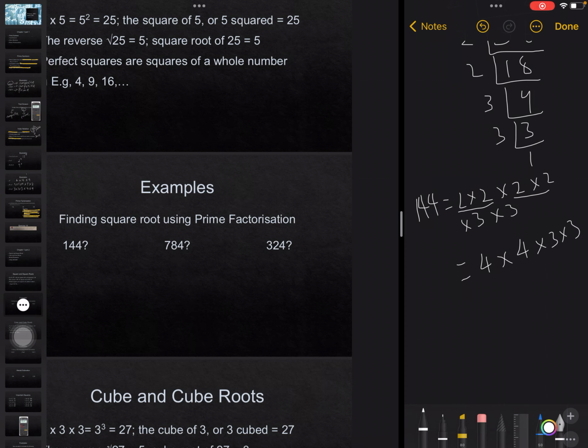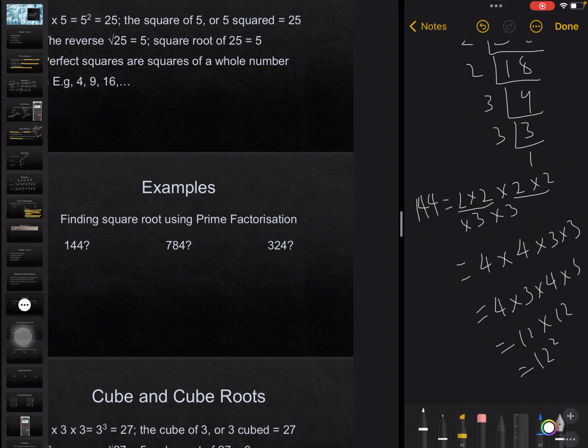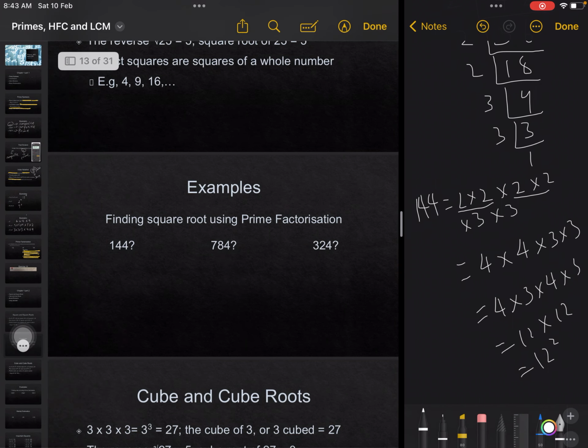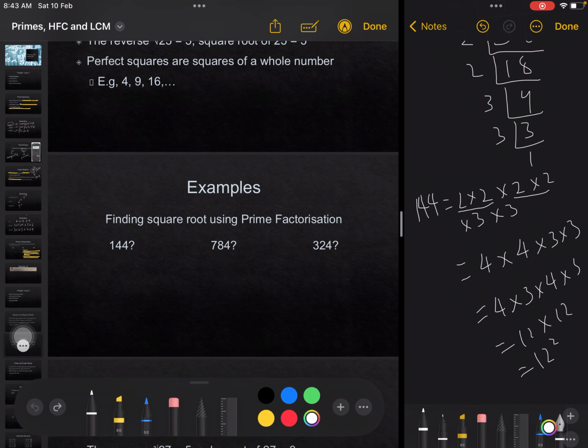Then we get the squares, so it's 4 times 3 times 4 times 3, equal to 12 times 12, which is equal to 12 squared. So 144 equals 12 squared.